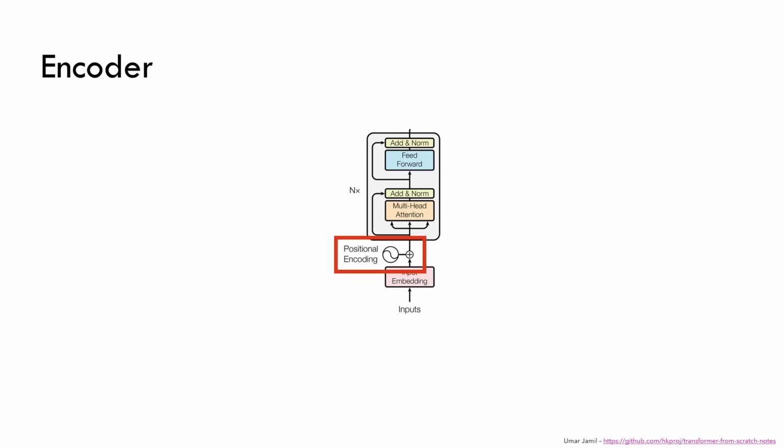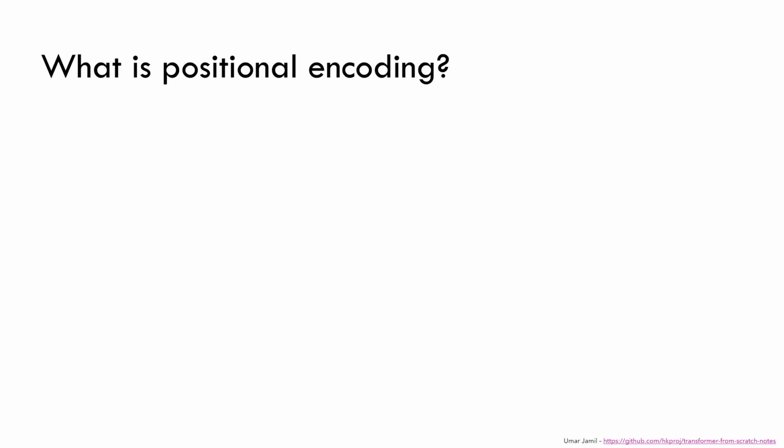Let's look at the next layer of the encoder, which is the positional encoding. So what is positional encoding? What we want is that each word should carry some information about its position in the sentence, because now we built a matrix of word embeddings, but they don't convey any information about where that particular word is inside the sentence.